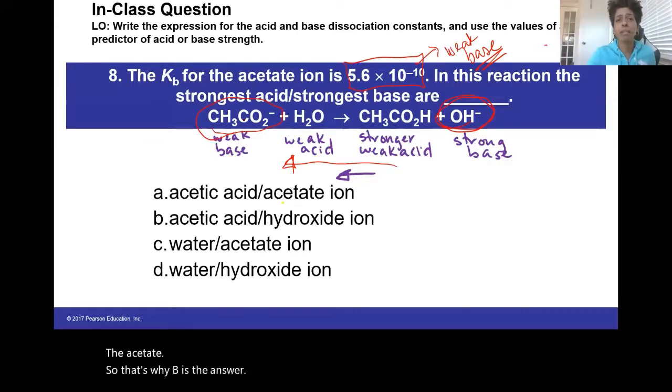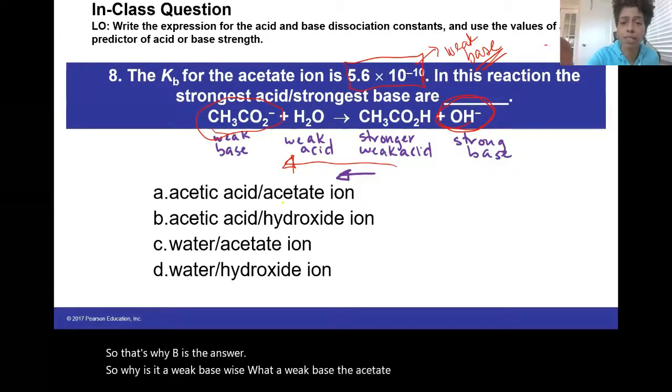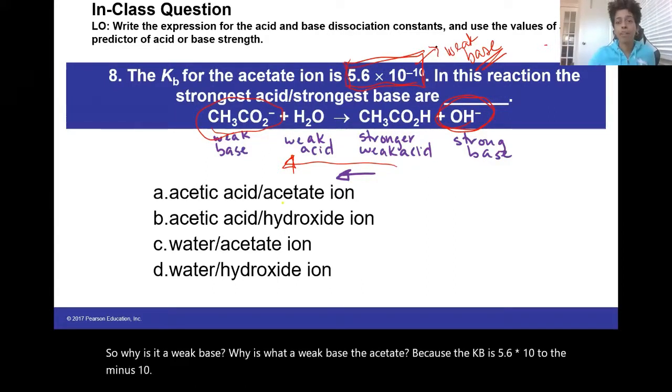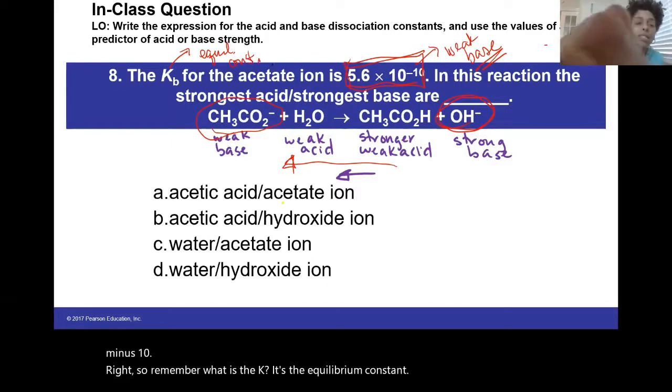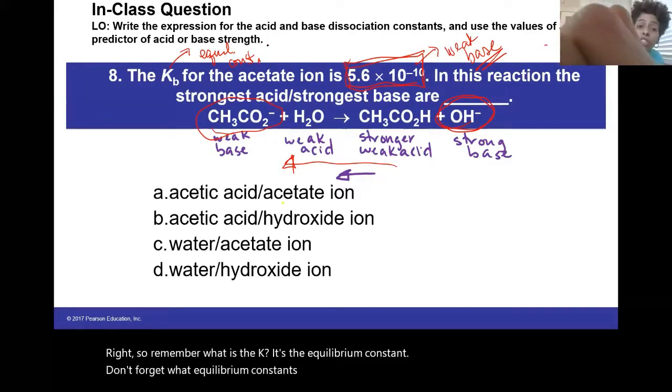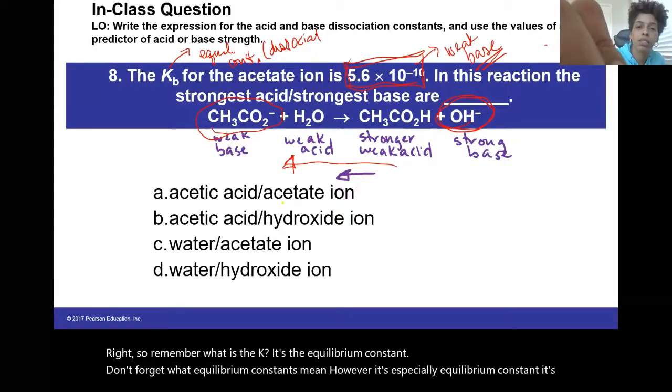So why is it a weak base? Why is what a weak base? The acetate? Because the Kb is 5.6 times 10 to the minus 10. Right? So remember, what is the K? It's the equilibrium constant. Don't forget what equilibrium constants mean. However, it's a special equilibrium constant. It's a dissociation constant.